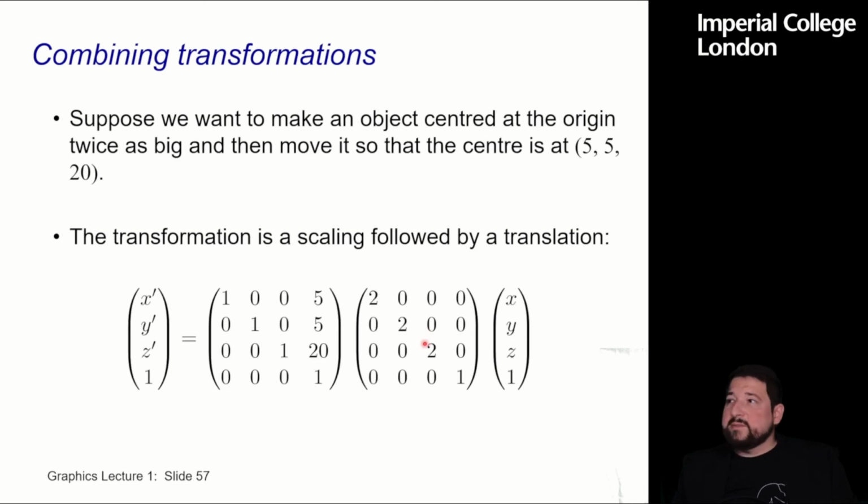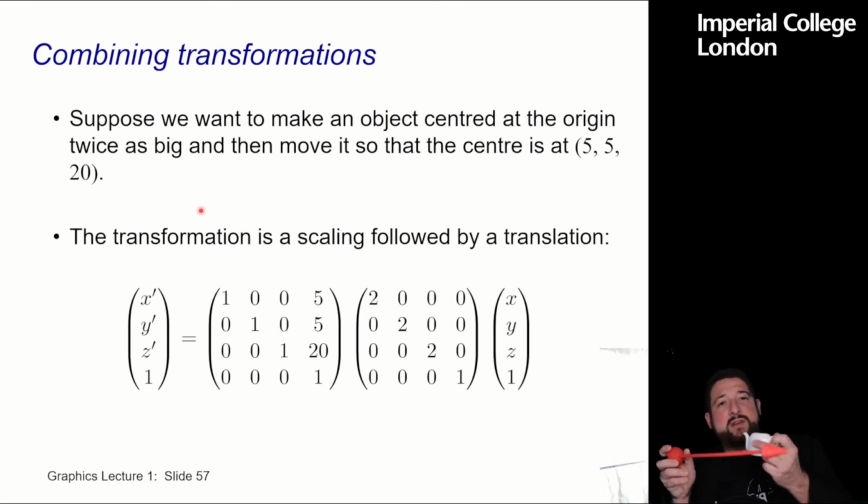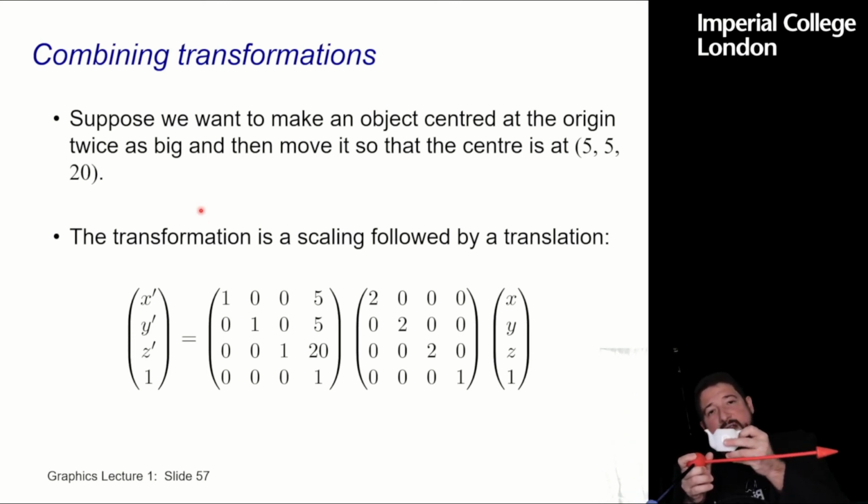So suppose we want to make an object centered at the origin twice as big, and then move it so that the center is at 5, 5, 20. Now this is something you will always need in that context, because as I just said earlier, probably you don't want the effect like scaling be related to your origin. You want it probably related to your object.